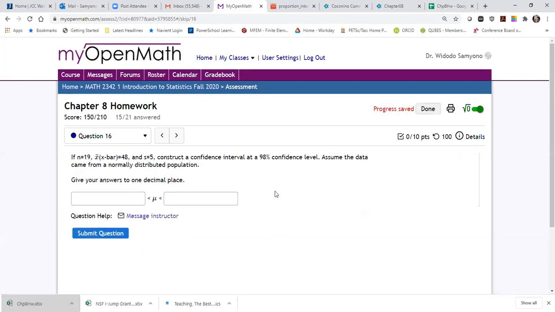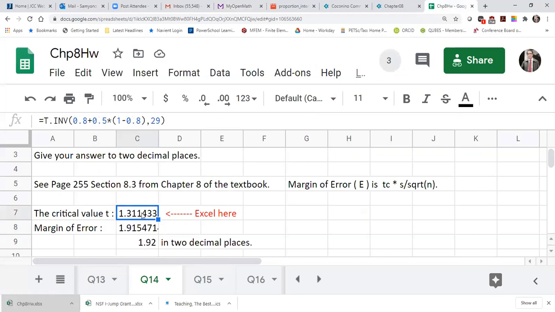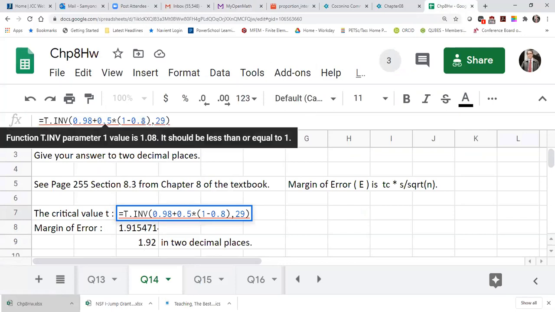Okay. So now you can use Excel again. You have sample size 19. The mean is 48. The standard deviation is 5. And the confidence level is 98. So I think you need to find the critical value first. So you've got 98 here, 98 here.